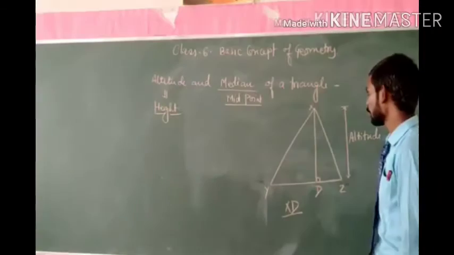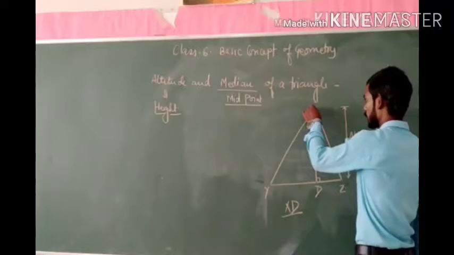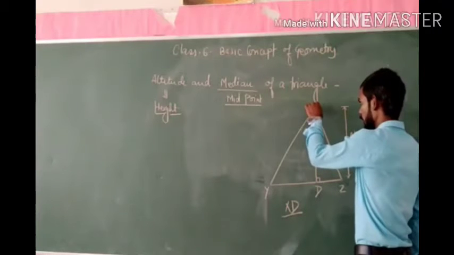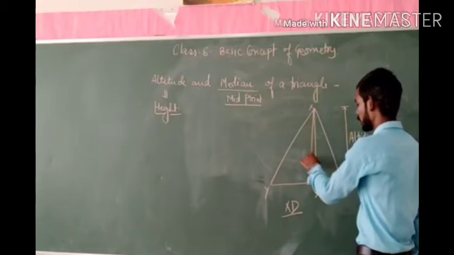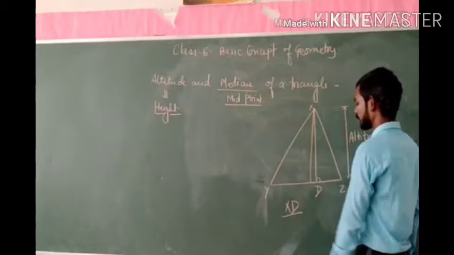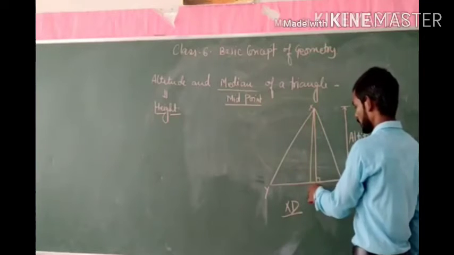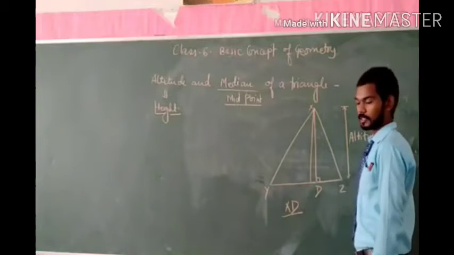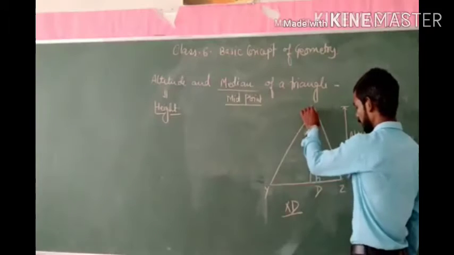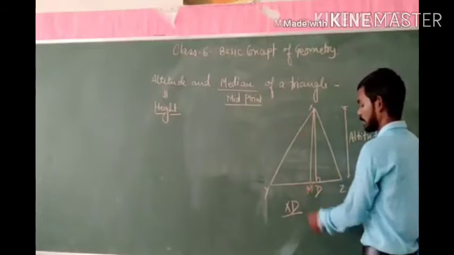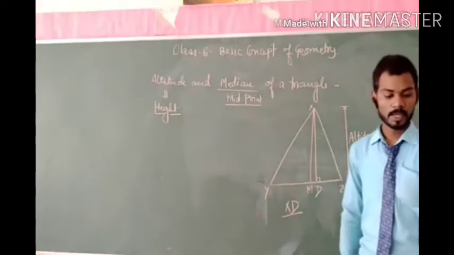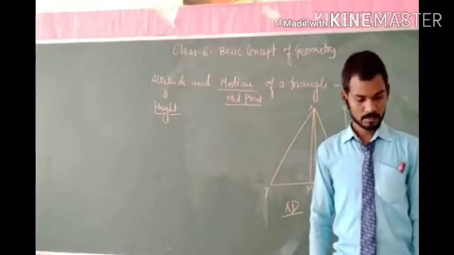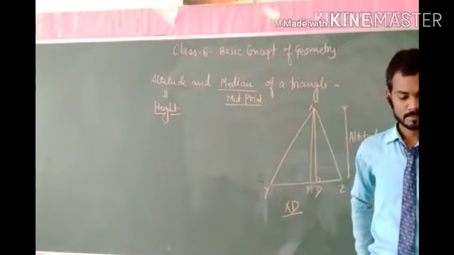Here in the figure we can see that the line through the vertex X divides the base YZ into two equal lengths. So the line segment XM is known as the median of the triangle.